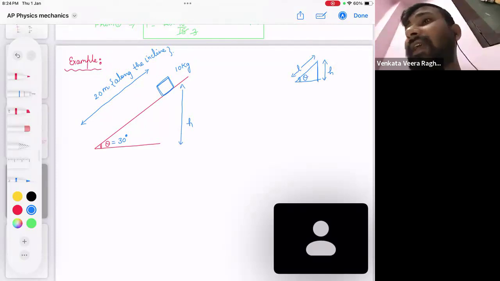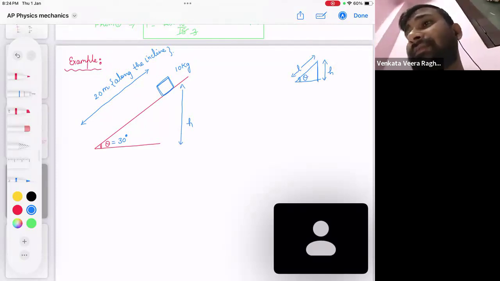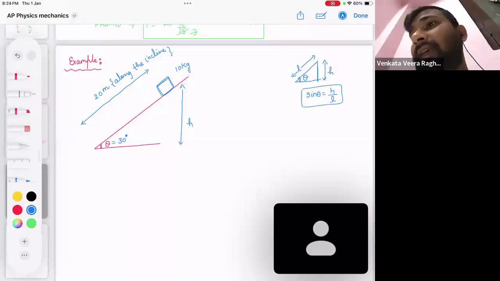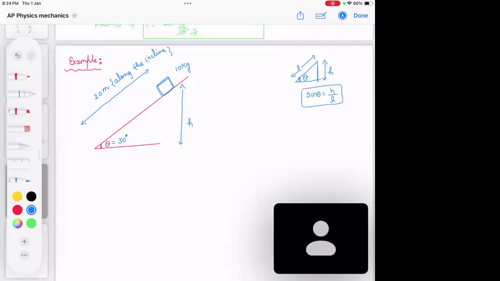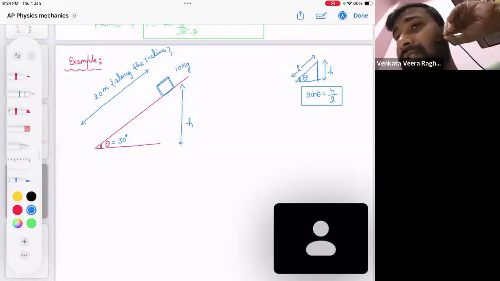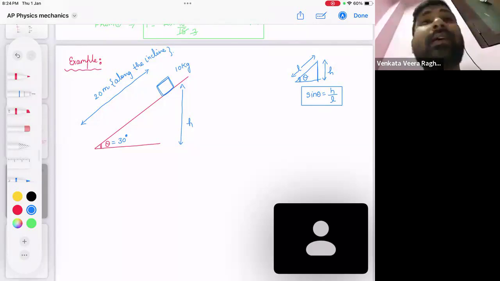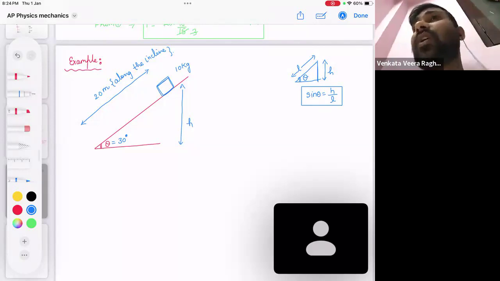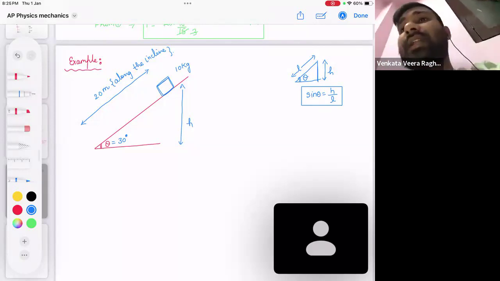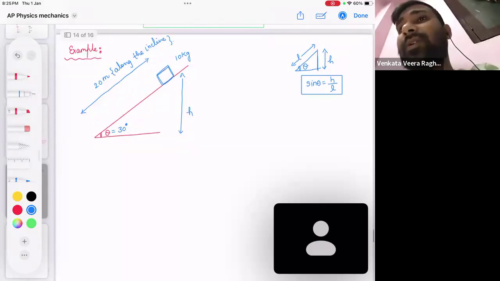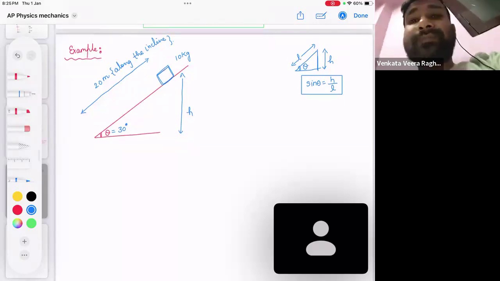Can sin theta equal H by L? Yes, sir. So please look at the question: did they give the height of the object's travel, or the length of the object's travel along the incline? Just be careful about which data is given in the question.